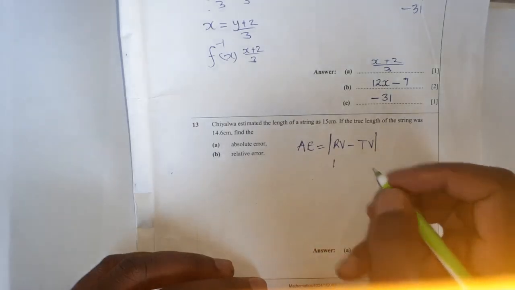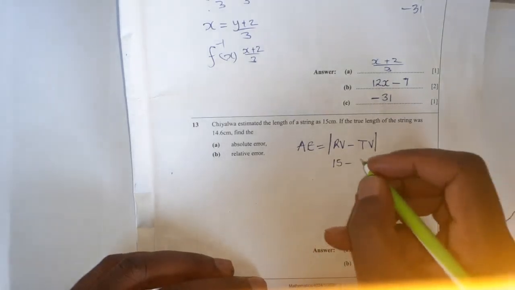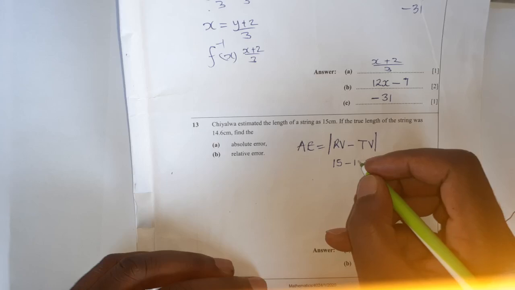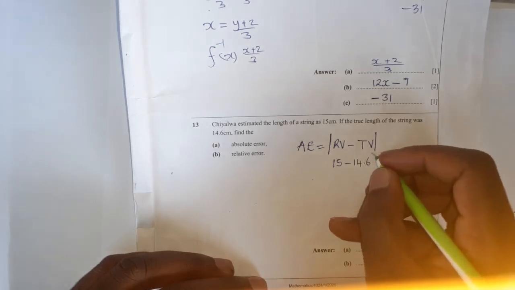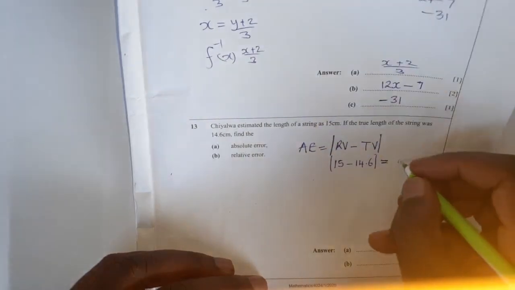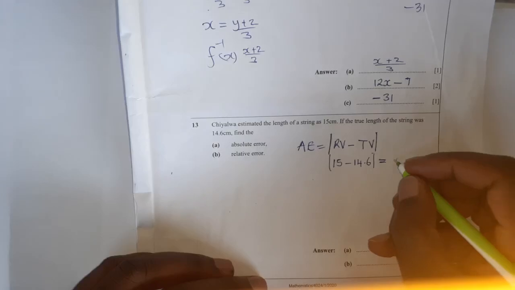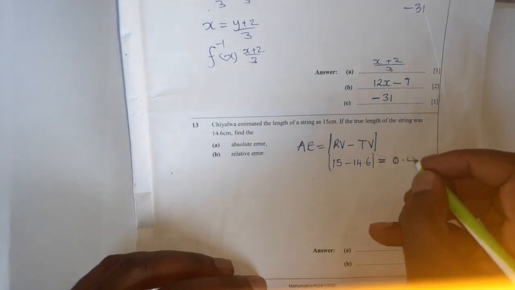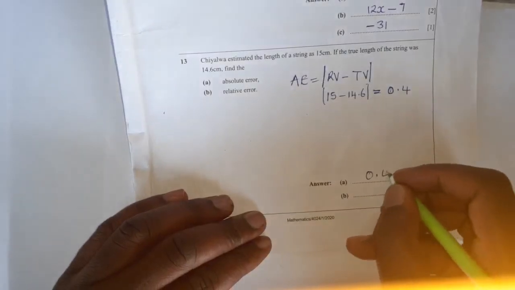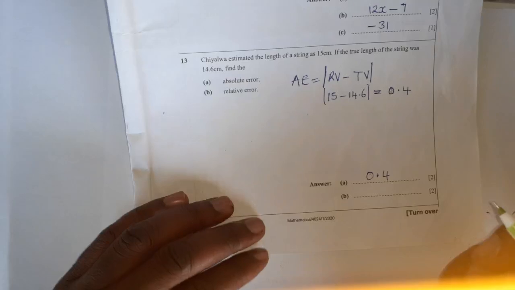Recorded value is 15 minus 14.6. What do we get? We are getting 0.4. So the first one here is 0.4.